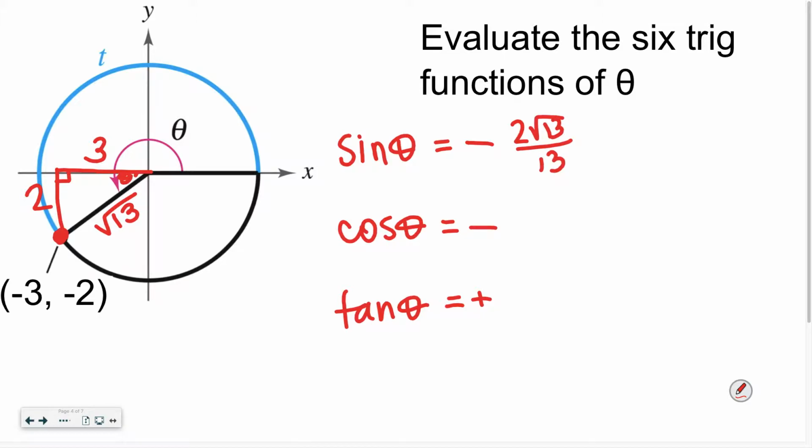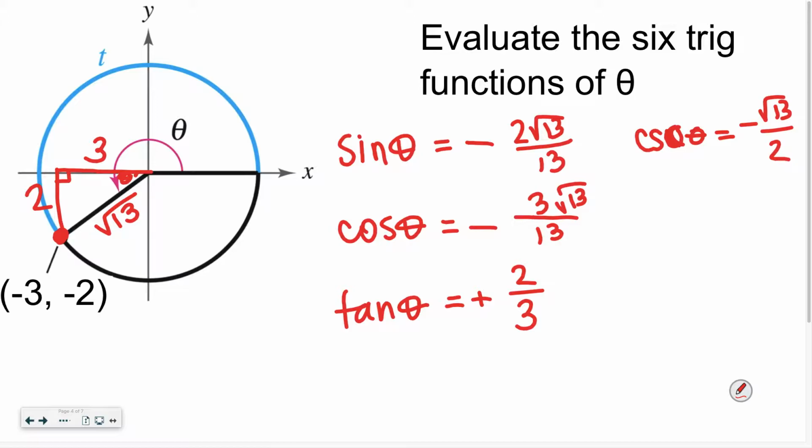Our cosine ratio is adjacent over hypotenuse. And then I would rationalize. And then our tangent is opposite over adjacent. All from that reference angle, we got those ratios. And then for the other 3, we can take the reciprocals.